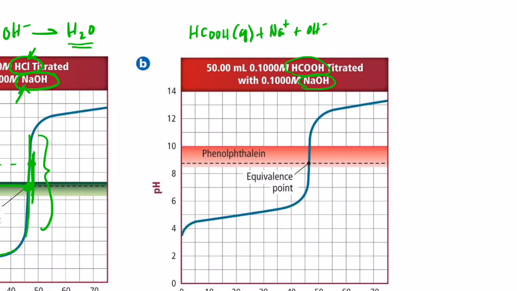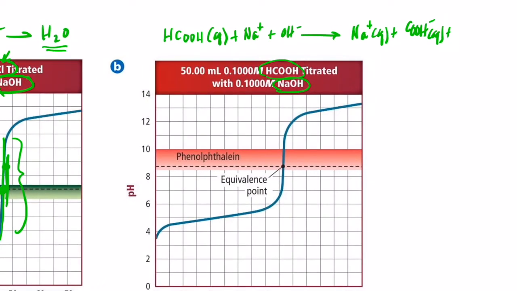That's a strong base, so they dissociate in water. And we end up with sodium formate, which is Na plus, all sodium compounds are soluble, and HCOO minus. And of course we end up with water being formed. Now the spectator would be sodium here.